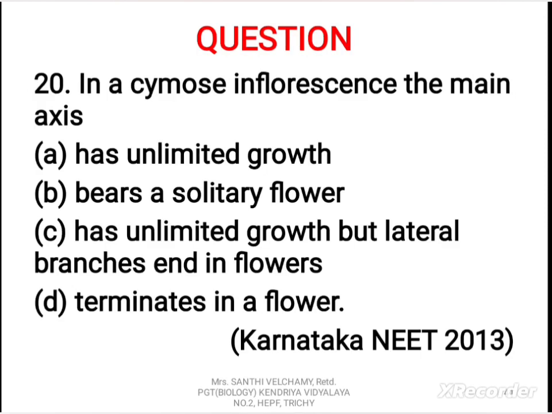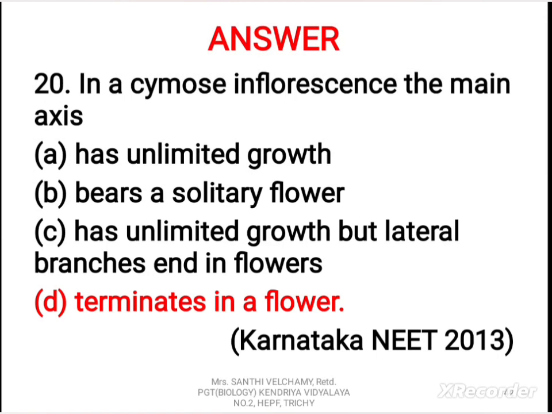Now next, 20th question: in racemose inflorescence, the main axis A. has unlimited growth, B. bears a solitary flower, C. has unlimited growth but lateral branches end in flowers, D. terminates in a flower. The correct answer is D, terminates in a flower. Now let us see why.